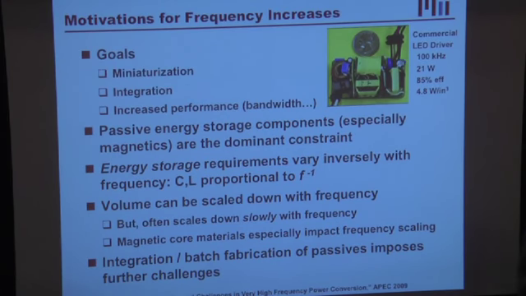And frequency increases give us this because the passive energy storage requirements in a converter vary inversely with frequency. And perhaps the way to understand this is as follows. If I thought of energy as a fluid I wanted to transfer, and my passive components are the bucket with which I'm going to transfer energy, if I want to go at a certain rate of energy transfer, I can either get a big bucket and scoop that energy slowly, or get a little thimble and scoop very fast and transfer the same rate of energy.